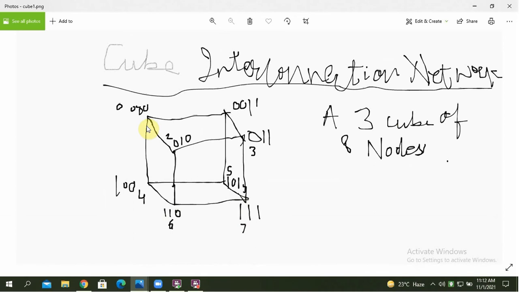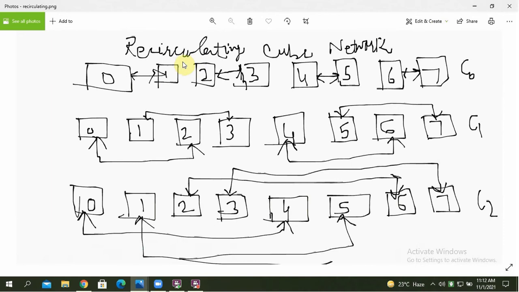And the C1 routing function is 0-2, 1-3, 4-6 and 5-7. And the C2 routing function is 0-4, 1-5, 2-6 and 3-7. So this is the recirculating cube network. This is a single stage network.